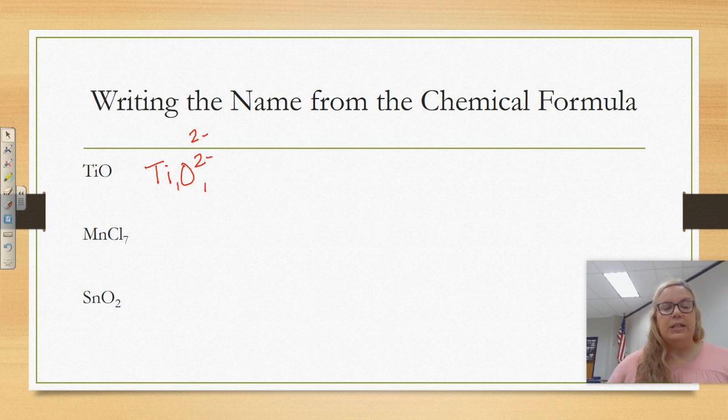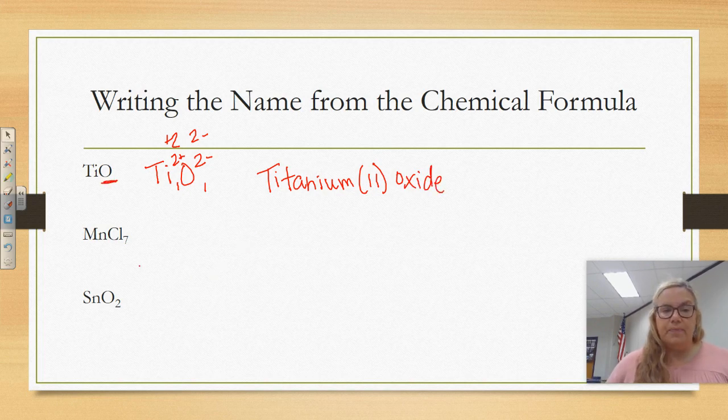If I have 1 titanium, then I have to figure out how to get a +2 so I can neutralize these. So 1 times a +2 is going to be titanium. So therefore titanium's charge here is 2. So I write titanium, and I'm going to write 2 as my Roman numeral, titanium and then oxide, because it's just an oxygen, so I'm going to use my binary rules for that.